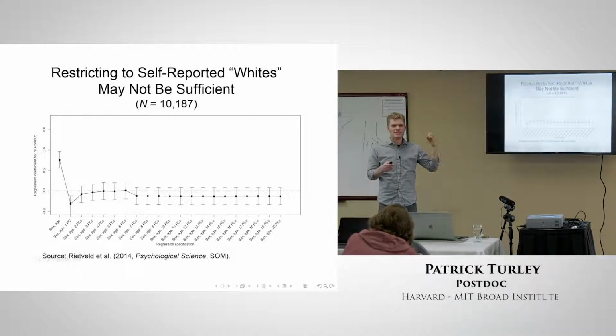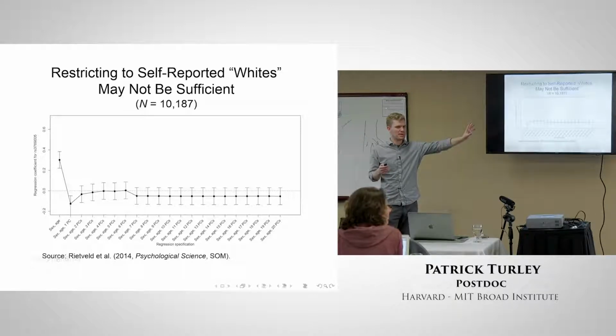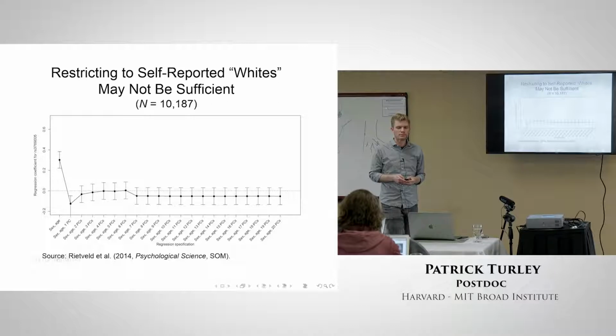In practice, it seems to be working. But in your application, you should check as well. Just because it's worked in the data sets that I've worked in doesn't mean it'll necessarily work in your data set. And so check. Do the things you can to correct for it, and then do these tests to make sure that it has worked.